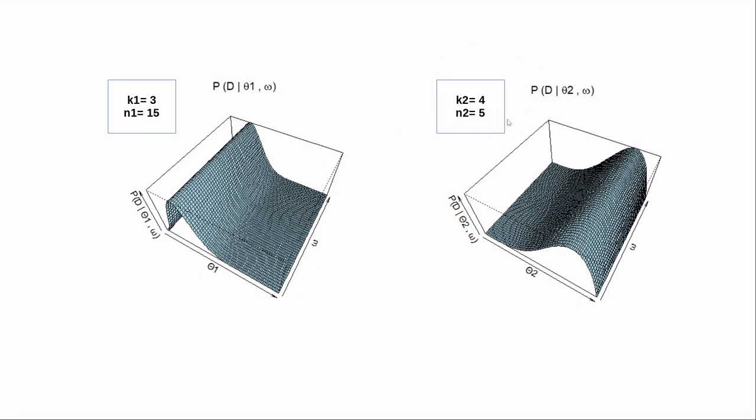For our other group, the group that has the allele A2, we have 5 patients and 4 of them get healed. So you can see that this distribution peaks at high values of theta 2. The distribution is wider because we have fewer samples. And within each of the distributions, they are the same for different values of omega, so they are actually independent of omega.